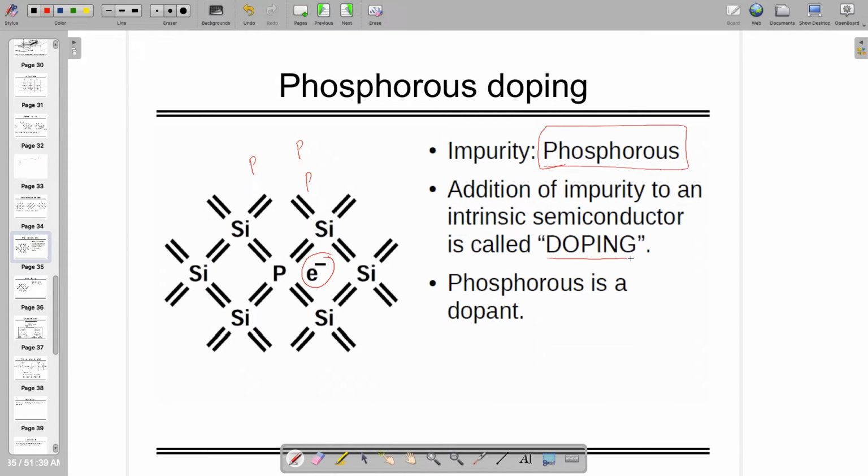If you are doing very high doping, we are going to call it P plus. Adding P not only a few, but more than required, sometimes P plus plus also. So it depends on the numbers. It's all about doping, how you are doing it. So phosphorus is the dopant over here.